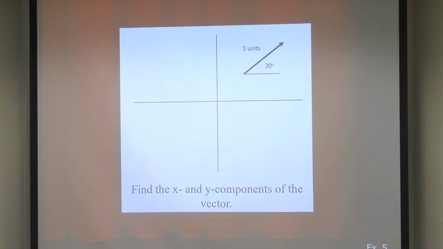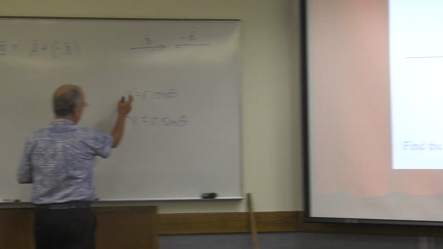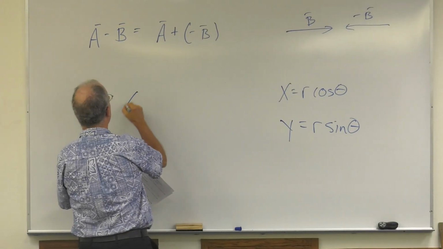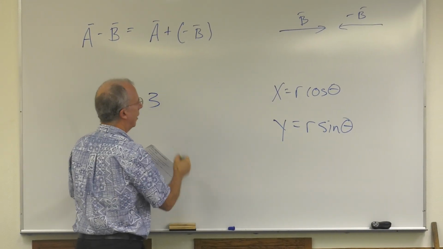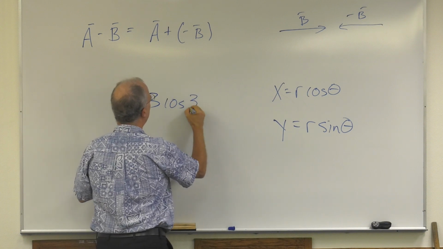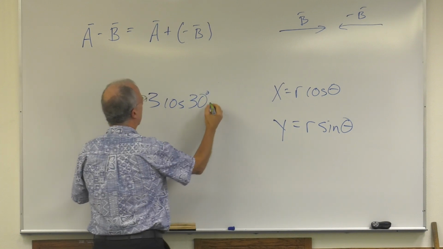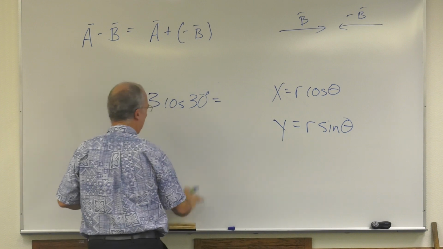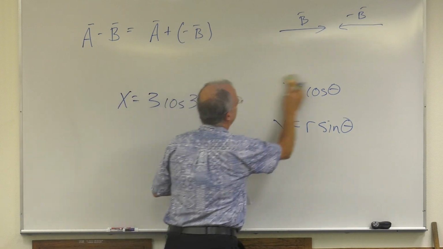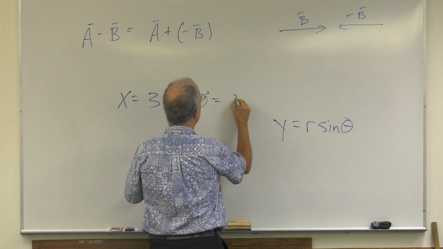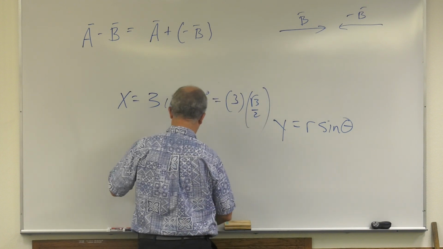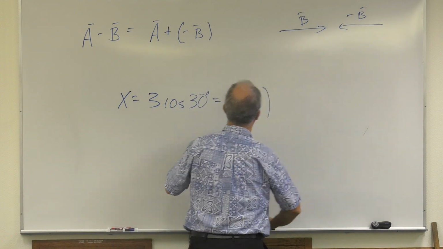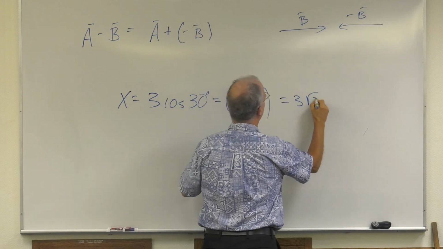All right, I'm assuming you're back. So the x component, you're just going to use this. So x is r, which is 3 whatevers, right? And cosine of 30. And that's 3 times radical 3 over 2, which is 3 radical 3 over 2.